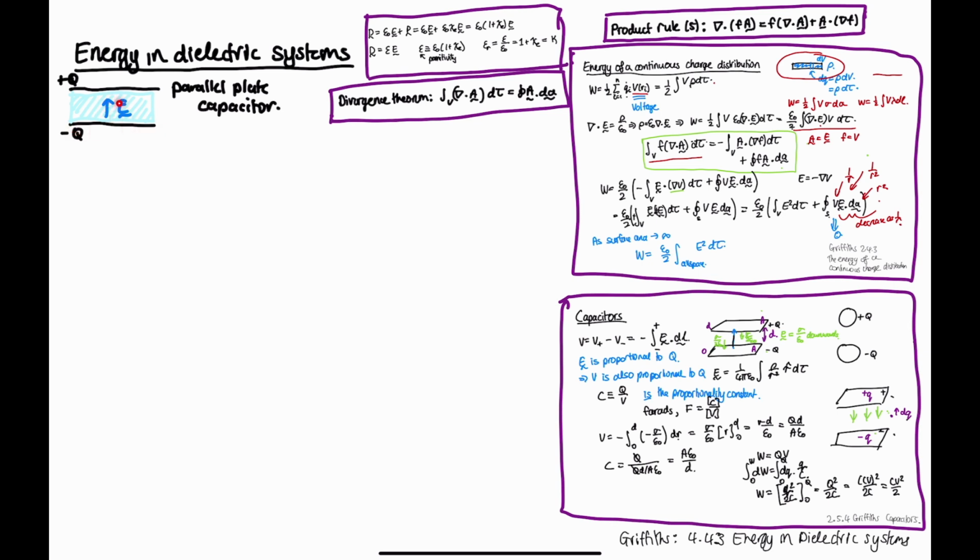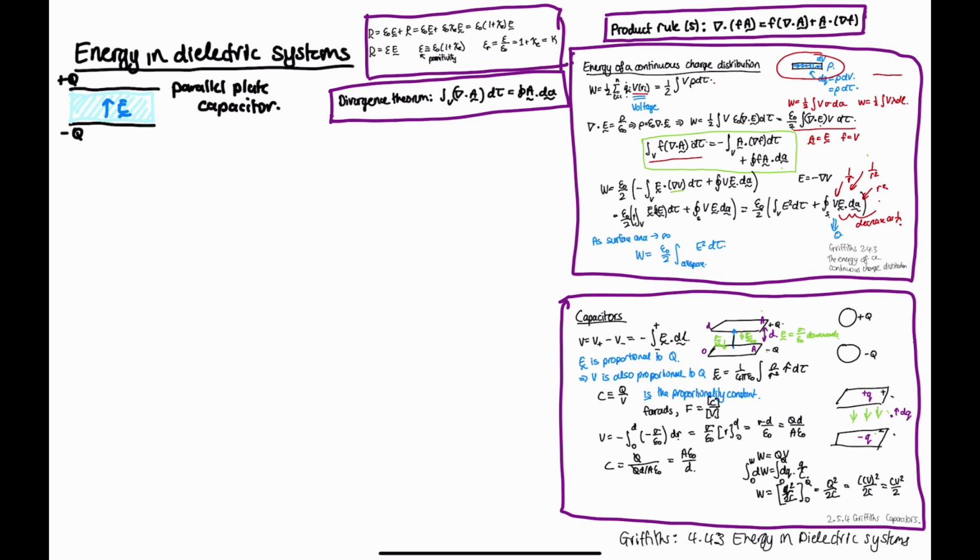And there's an electric field inside the dielectric, which is smaller than the electric field would be without that dielectric, because the dielectric is polarized and the polarization cancels out some of the electric field.